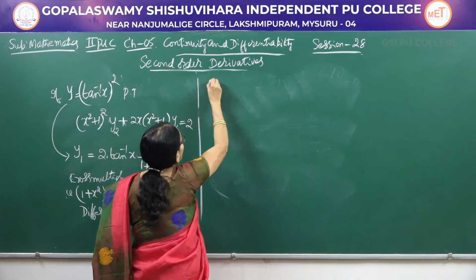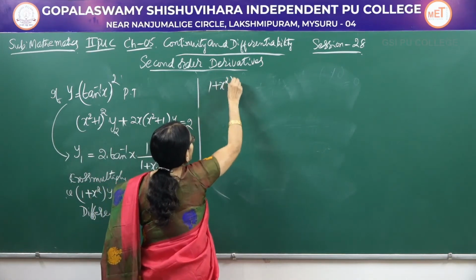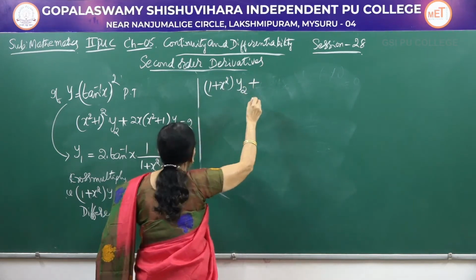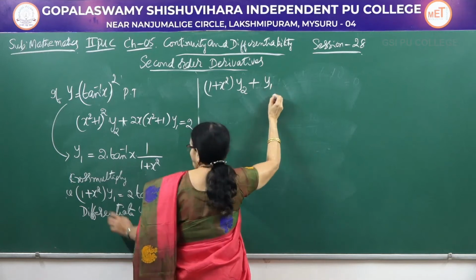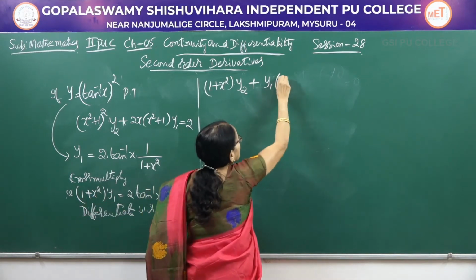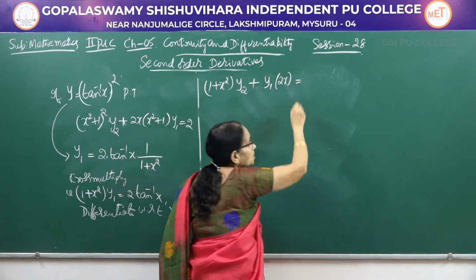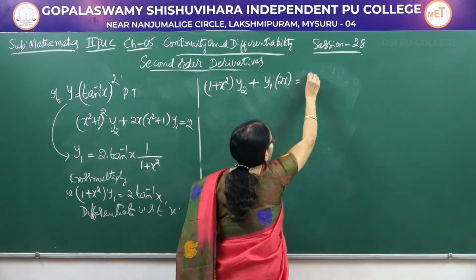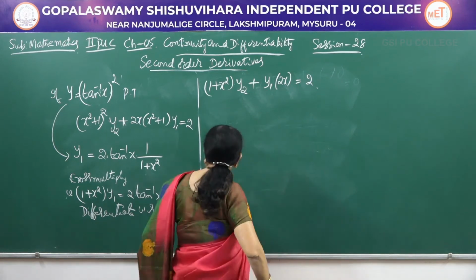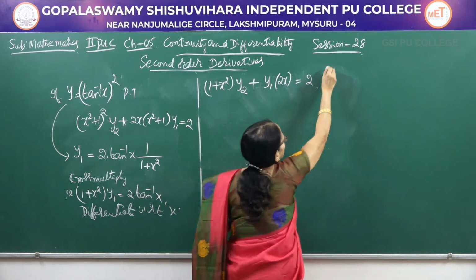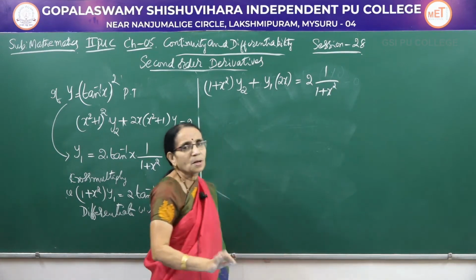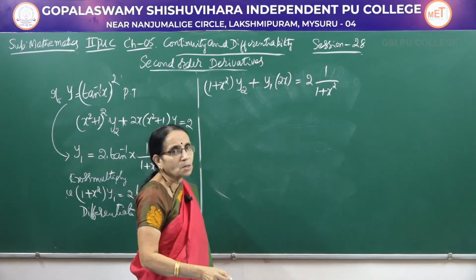So, write it as first function 1 plus x square into y1 becomes y2, plus second function y1 into the derivative of 1 plus x square, which is 2x. For 1 it is 0, for x square it is 2x. Right hand side 2 into, look here, tan inverse x, the basic function whose derivative is 1 by 1 plus x square. Almost we have got the answer.